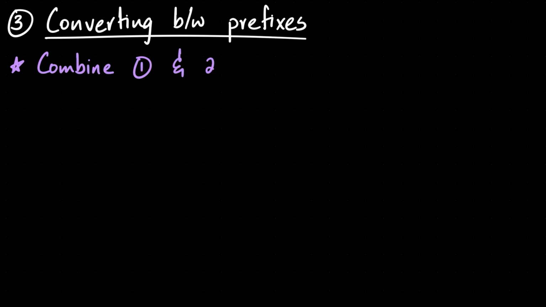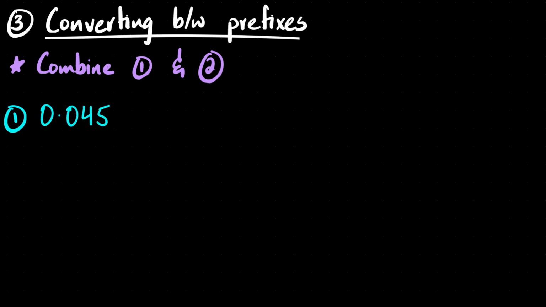Now what do I mean by this? Let's have a look here first. So let's say I get an answer which is 0.045 megagrams, and I have to write this in kilograms, right? So first of all, I need to get rid of the mega. So it's 0.045.